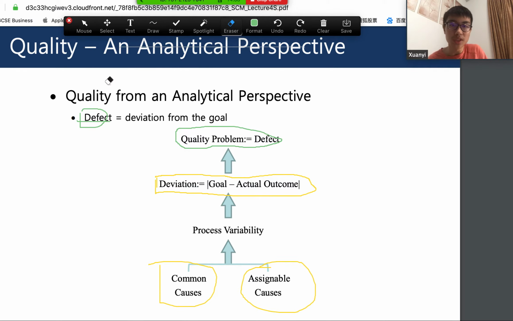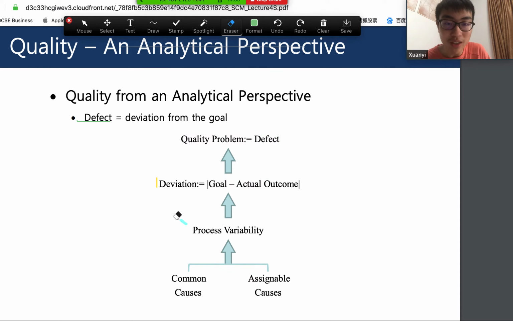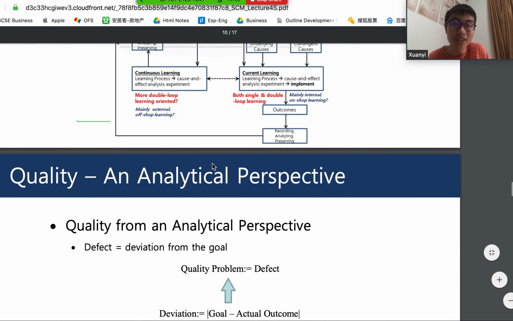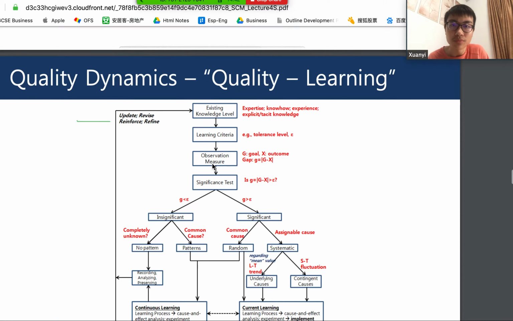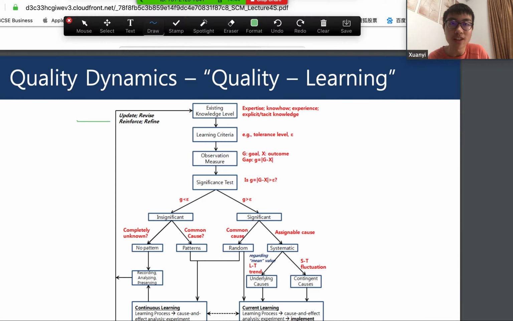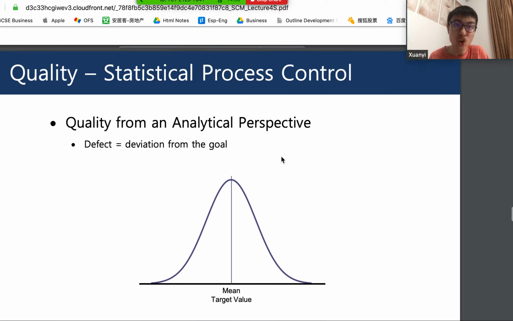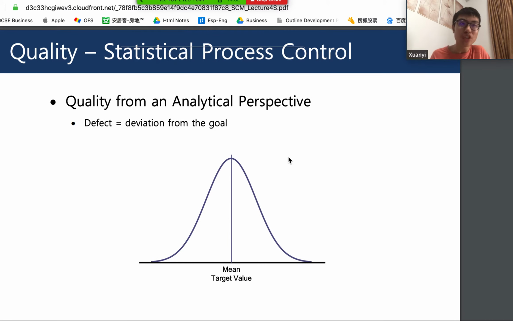So this is just emphasis on the last slide we discussed. After these two slides, I hope you guys have a better understanding of this quality and dynamic aspect, and of how we conduct this learning capability logic process in order to tackle our problems.